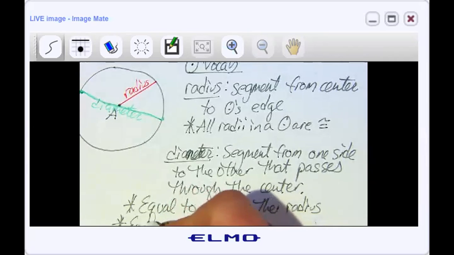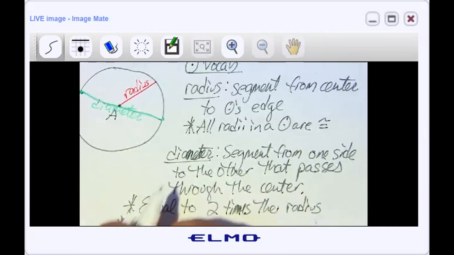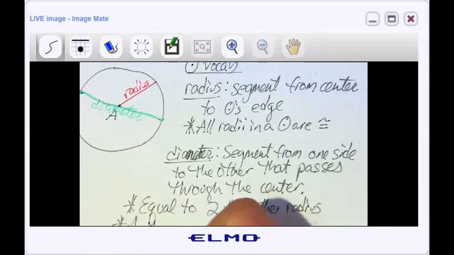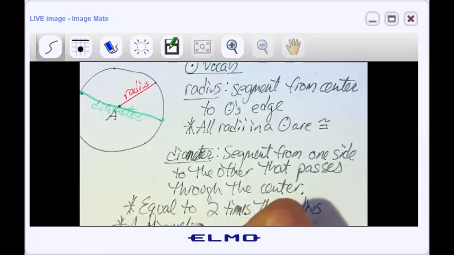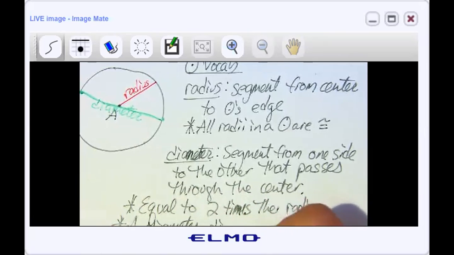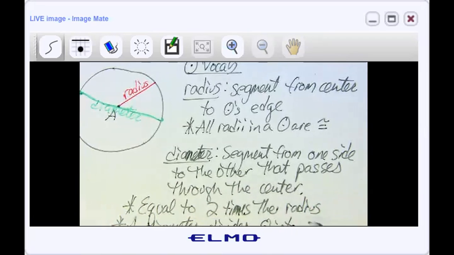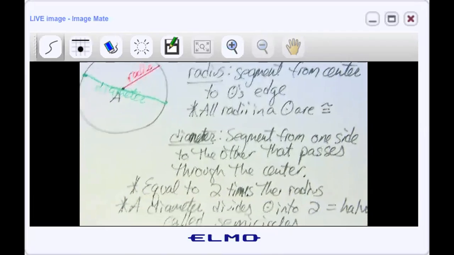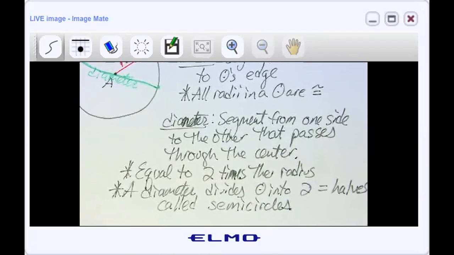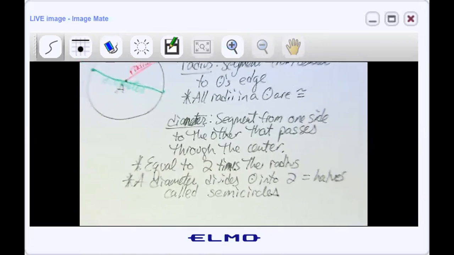A diameter divides a circle into 2 equal halves called semicircles. Whoa, wrong way, sorry.